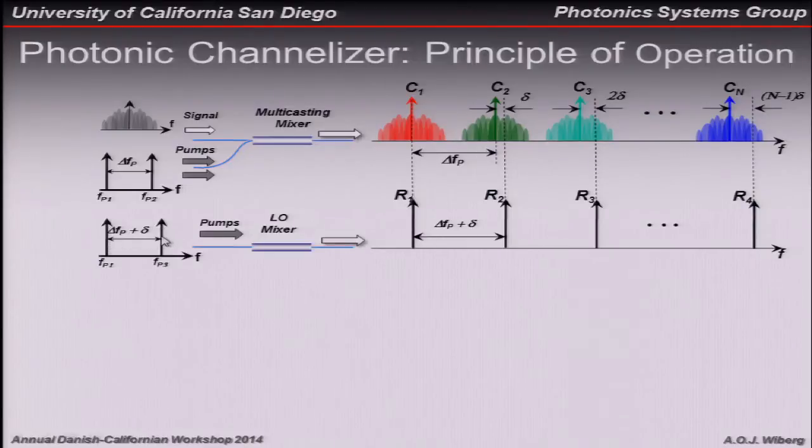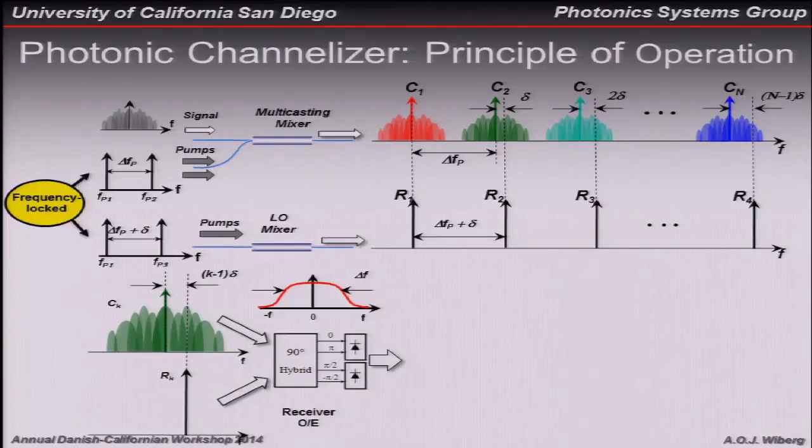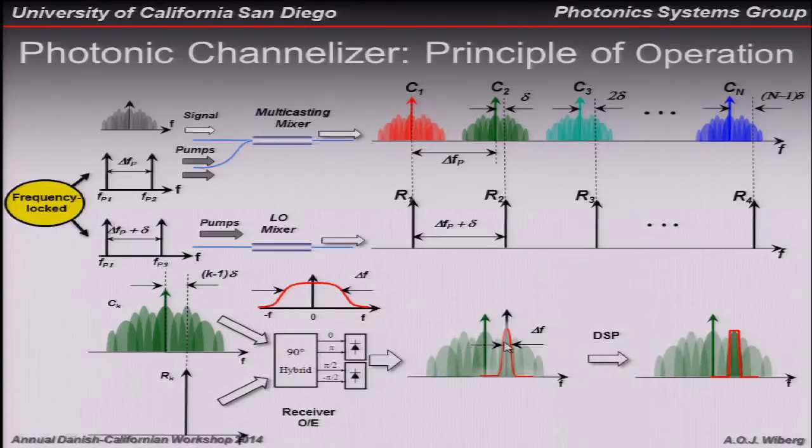We also create a second comb, which we call the local oscillator comb, but it has a different pitch, so it slowly vernier walks over the different copies that we are generating. One key factor is that they have to be frequency locked, otherwise you will not have a stable result. Then we can use coherent detection to receive each line and get the information in that frequency slice.